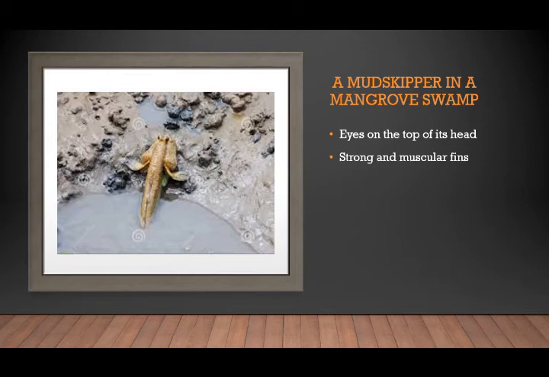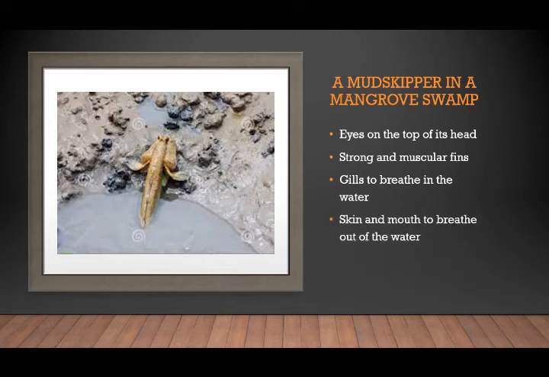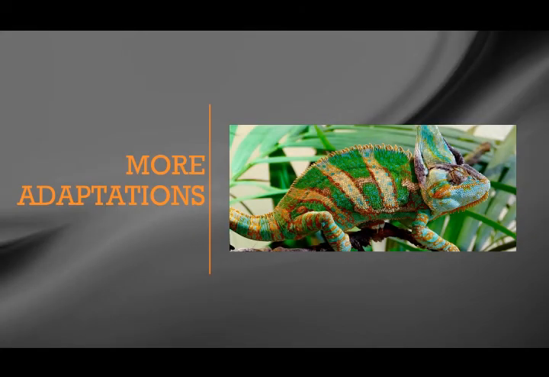Yes, it's a fin because it's a fish. These strong, muscular fins help the mudskipper to skip on the land. And it has gills to breathe in the water, but when they are out of the water, they breathe through their skin and mouth. Do you agree with me that talking about animals' adaptations is very interesting?